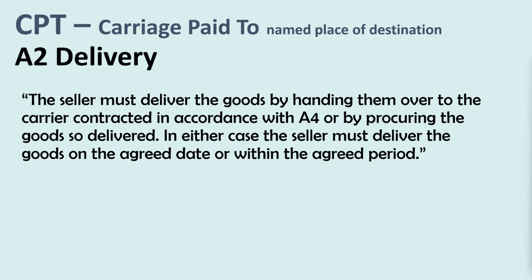A2, delivery. The seller must deliver the goods by handing them over to the carrier contracted in accordance with A4, or by procuring the goods so delivered. In either case, the seller must deliver the goods on the agreed date or within the agreed period.